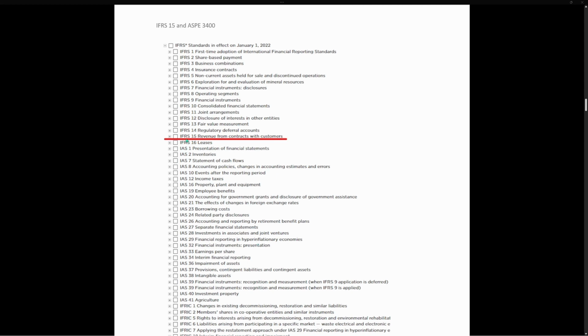Today we are going to go through IFRS 15, Revenue from Contracts with Customers, which we simply call revenue recognition or RevRec.